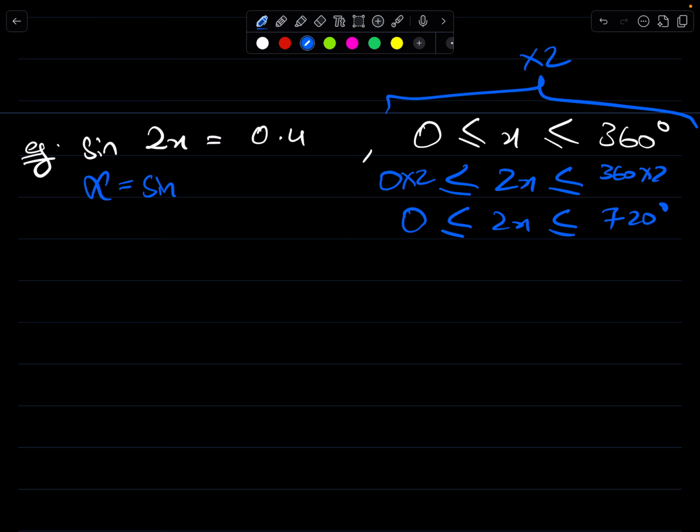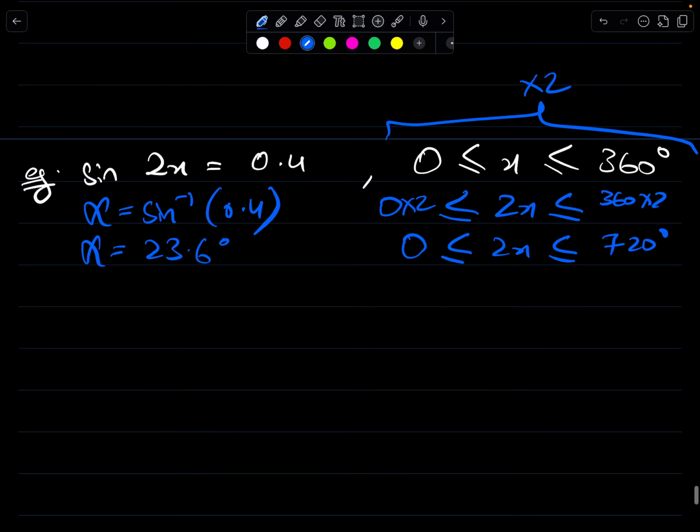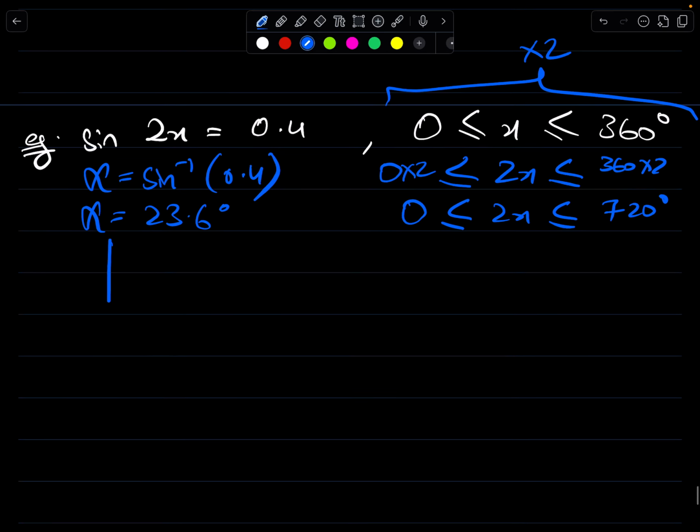So we have sine inverse of 0.4. Alpha turns out to be 23.6 degrees. Then sine is positive only in the first and second quadrants. Thus, we will find x.